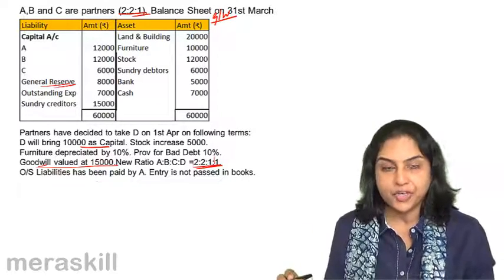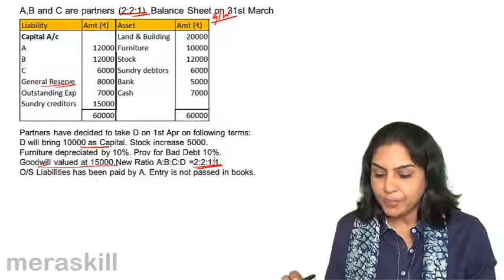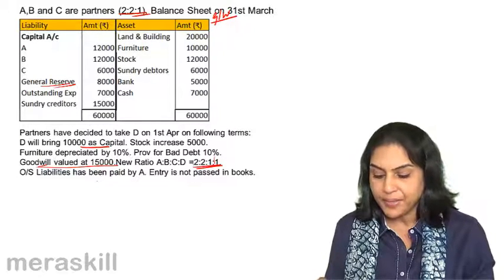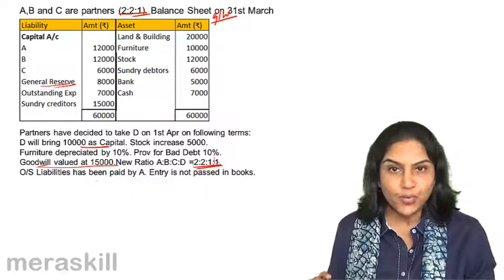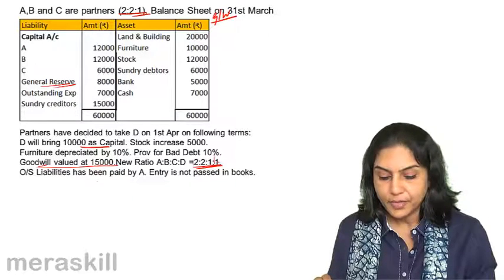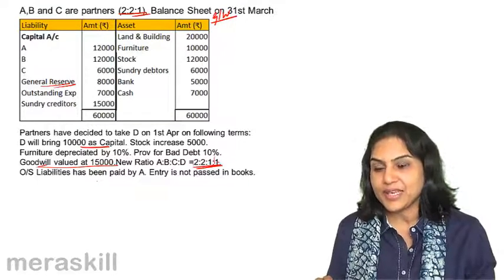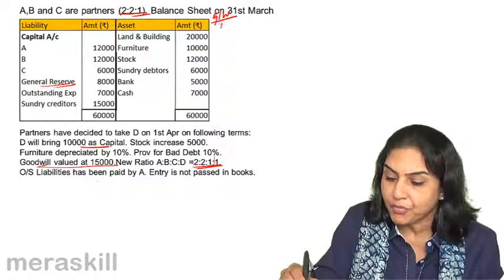What is the entry for goodwill? New partner is D, coming in for 2 + 2 + 1 + 1, which is 6, so 1/6 share. D's capital account is debited with his share of goodwill.